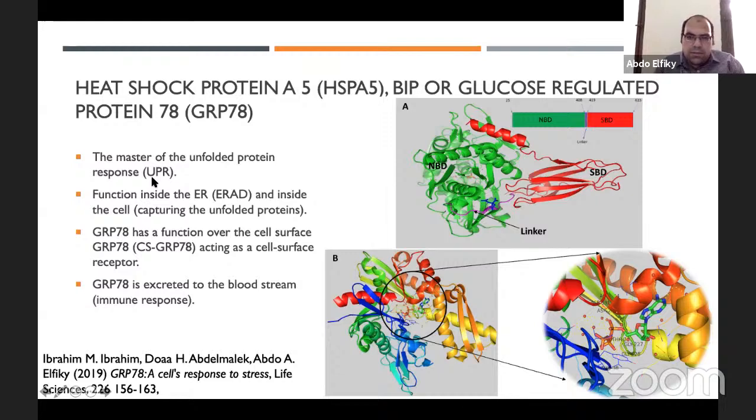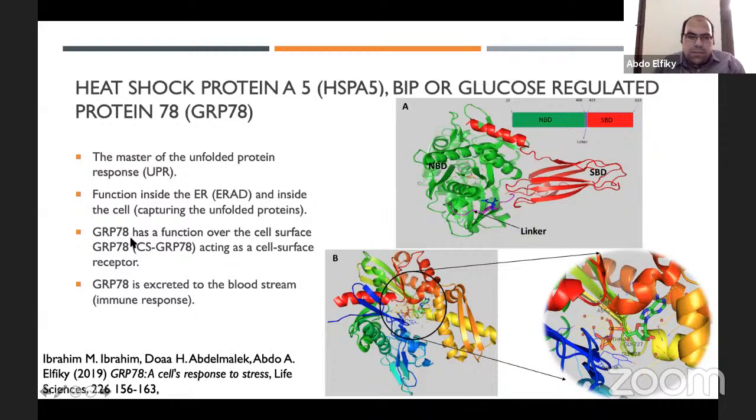When cells are under stress, they overexpress this protein to alleviate the stress by making the unfolded proteins go through the endoplasmic reticulum associated degradation mechanism. The unfolded proteins will be broken down or refolded to be in the correct conformation. So GRP78 is an important protein in the cell, and its function is very important for cell viability.